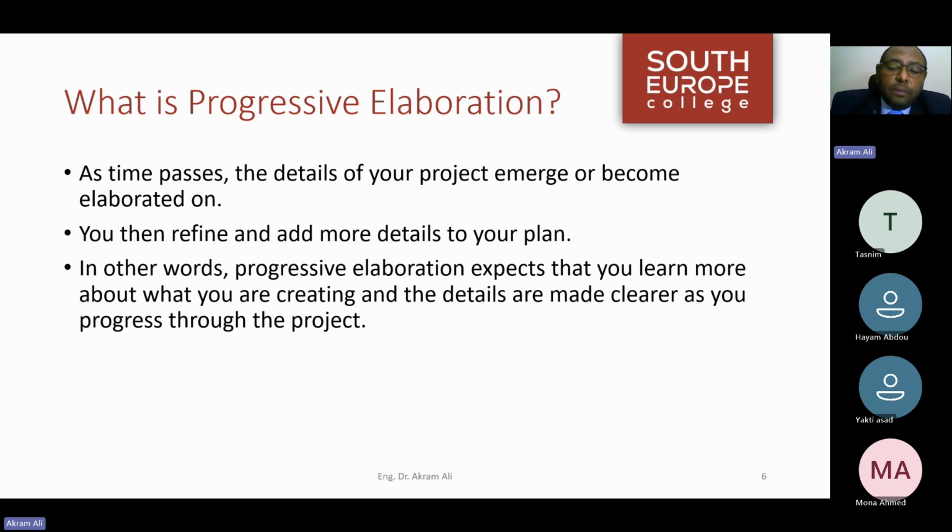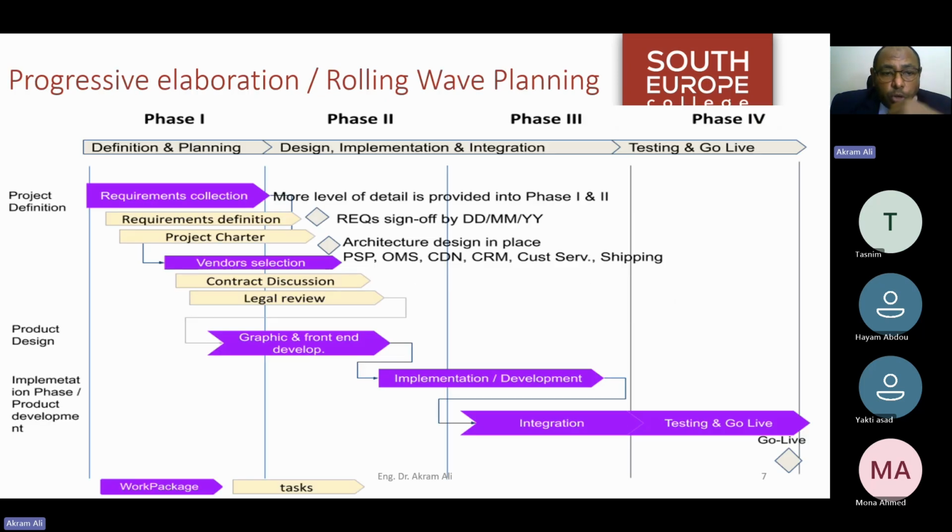No, they almost have no idea of what they are planning, and they try at the same time to produce an exact and detailed project plan and schedule. So this is a pitfall which we should avoid simply by understanding that it is wiser to use progressive elaboration in projects.